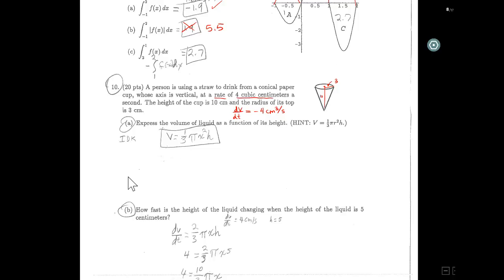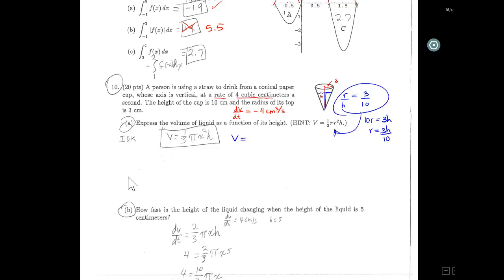The radius is going to change in proportion to the height, so the radius to the height is 3 to 10. I want to use this proportion to remove the r, so I solve for r. 10r equals 3h, or r is 3h over 10.